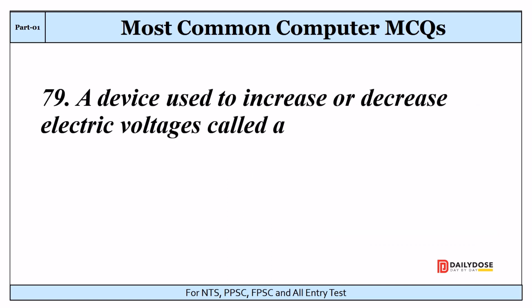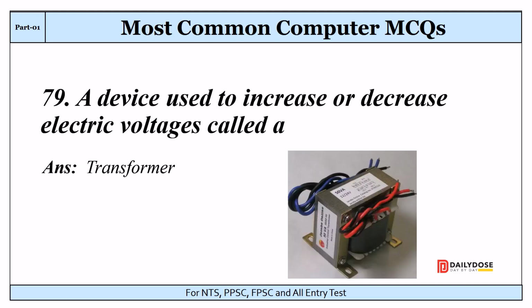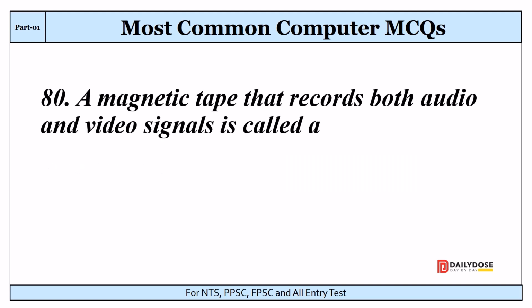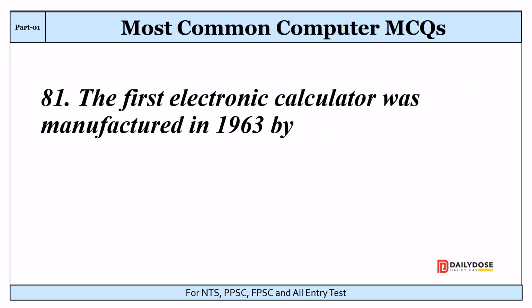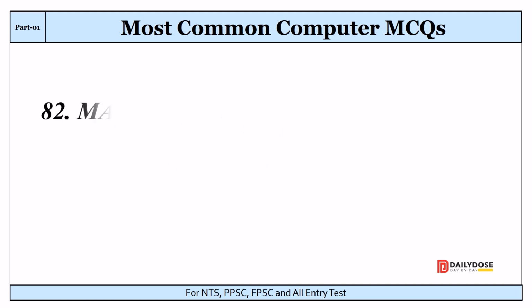A device used to increase or decrease electric voltage is called a transformer. A magnetic tape that records both audio and video signals is called a videotape. The first electronic calculator was manufactured in 1963 by Bell Punch Company, USA.